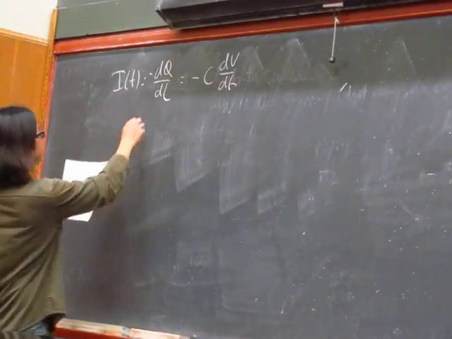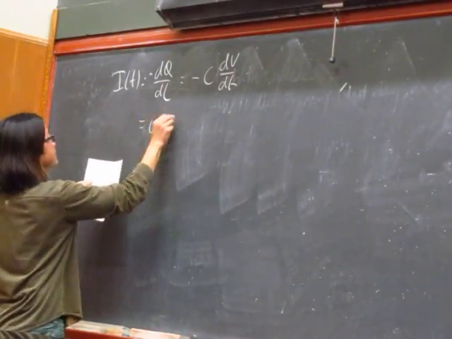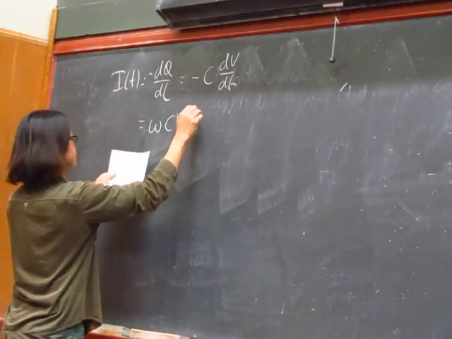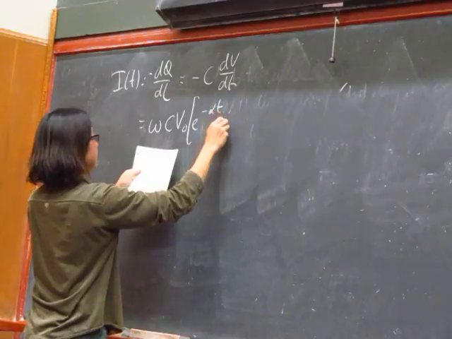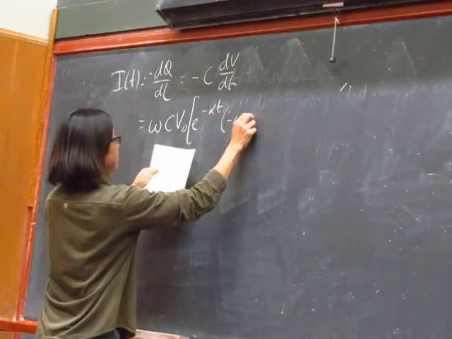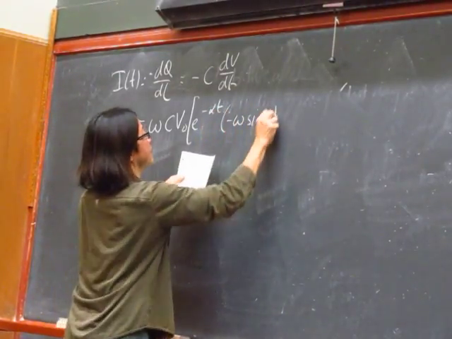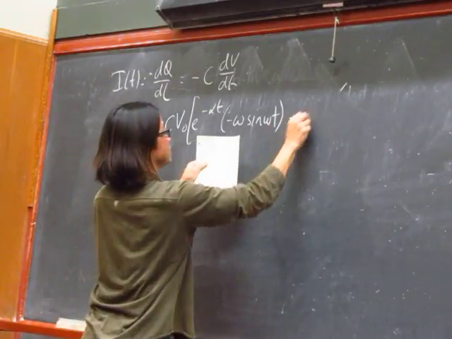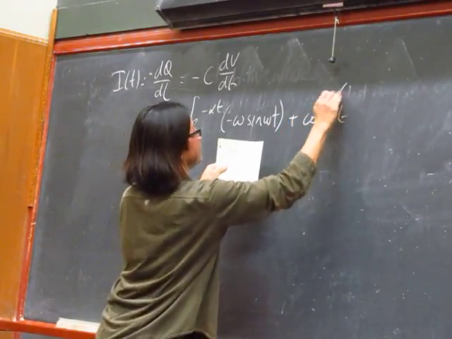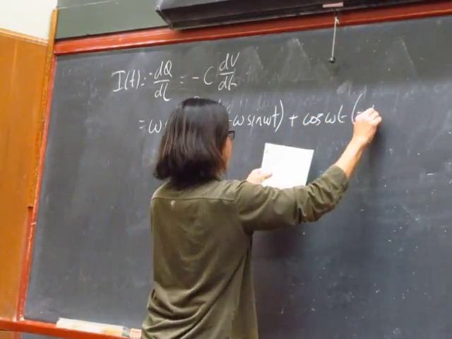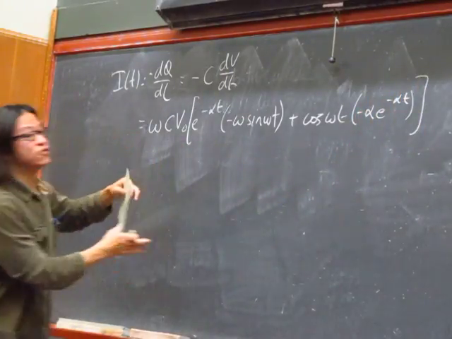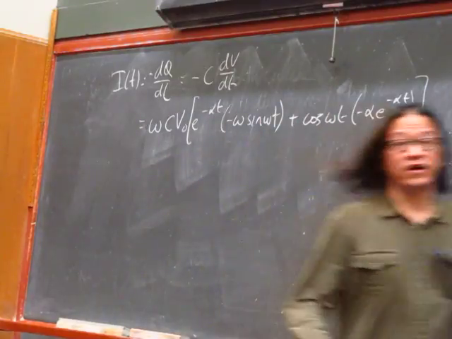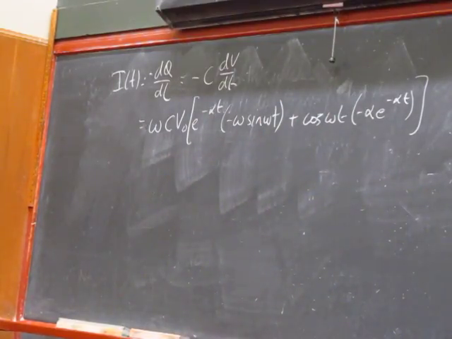When I differentiate, I get omega C V naught e to the minus alpha t times minus omega sine omega t, plus the cosine omega t times minus alpha, from the exponential. I'm just differentiating this function v with respect to time.